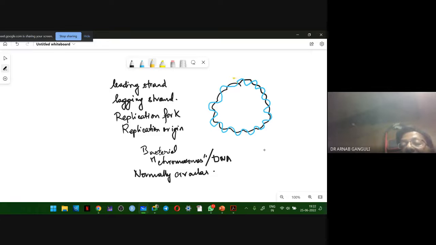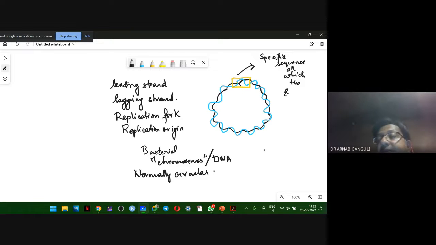Let us say this region on both the strands has a specific sequence on which the enzyme for replication, DNA polymerase, binds.